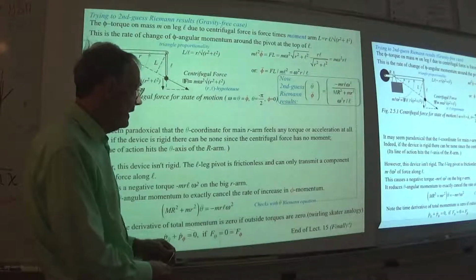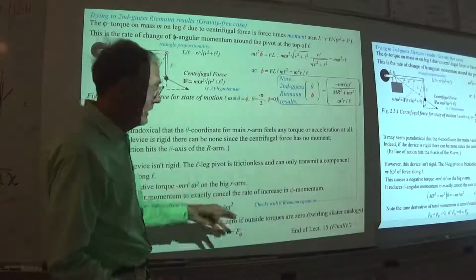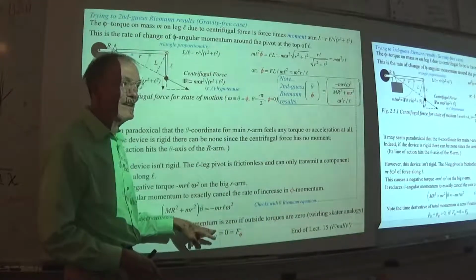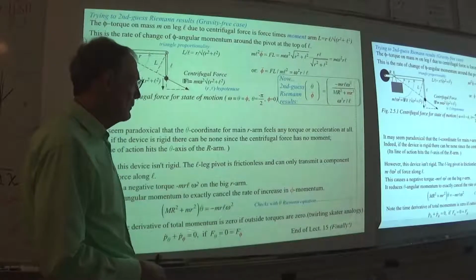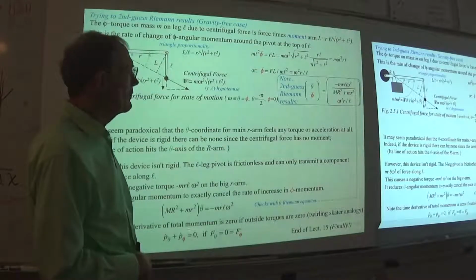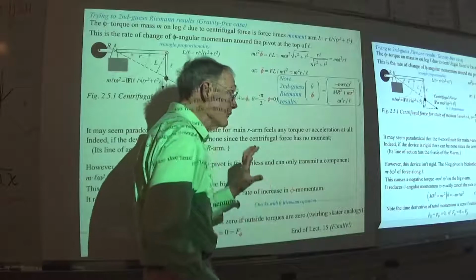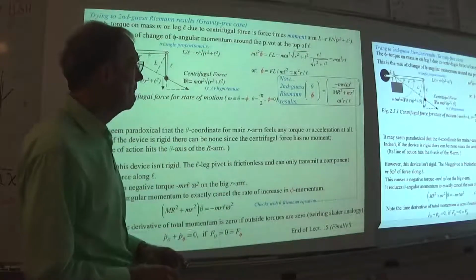So this, and this is thankfully the last slide, I say end of lecture 15. Finally, this thing is over with. But the basic idea is that you can, with some considerable sweat and effort, write this down for the Chinese, or gravity-free, trebuchet. Okay.